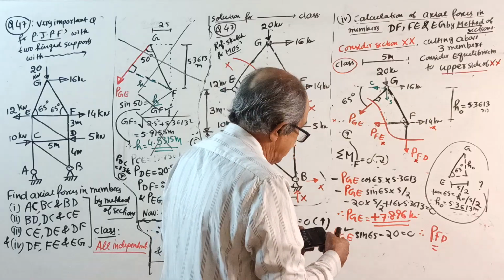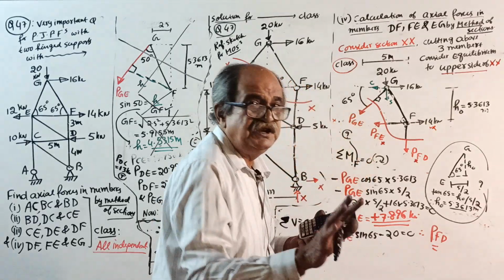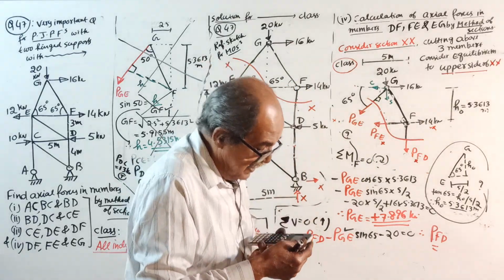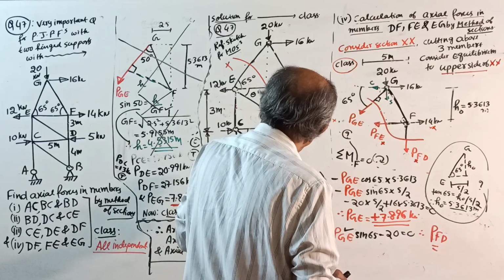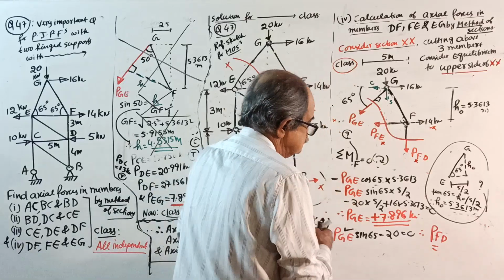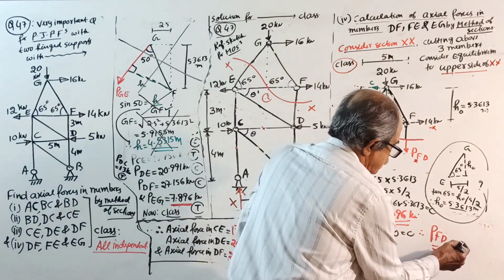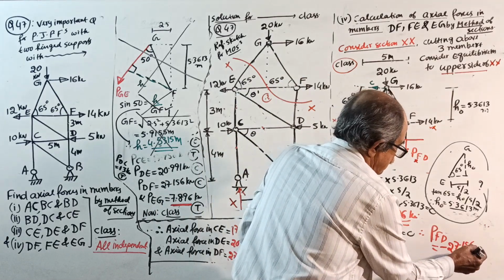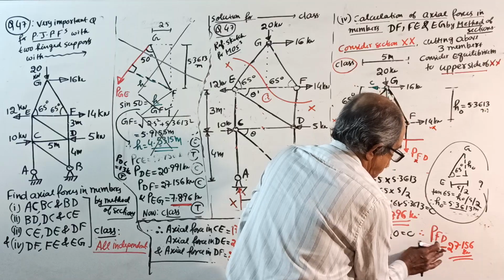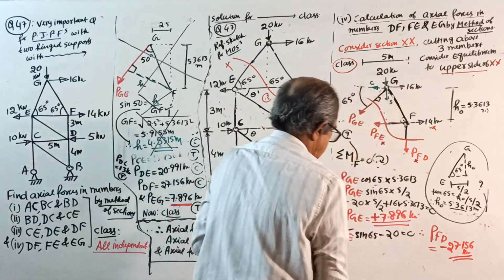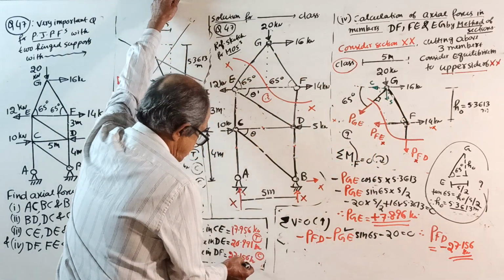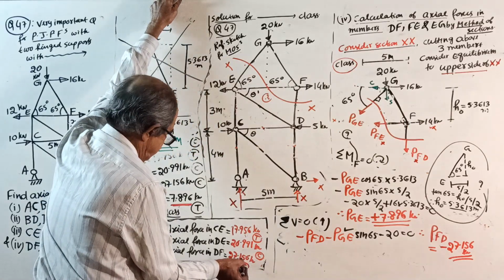27.156 kilonewton, minus, no cheating, nothing, minus, right. Problem. 27.156 kilonewton. Minus value, okay. Anyway, check the answer here, see, 27.156.